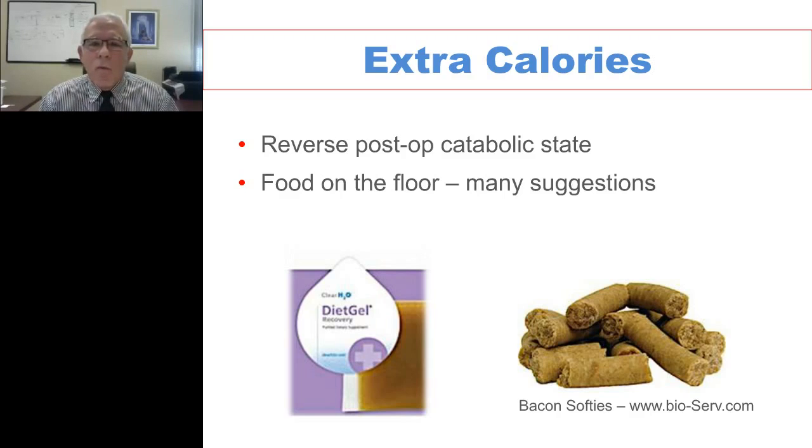It's amazing how well they've done, because whereas they may not eat the regular diet, or maybe they're eating it and they're just not getting enough calories, I think the aroma and the taste of bacon must be delicious for these animals. So after the bacon softies, not only are they eating more, but they're eating something with higher calories.